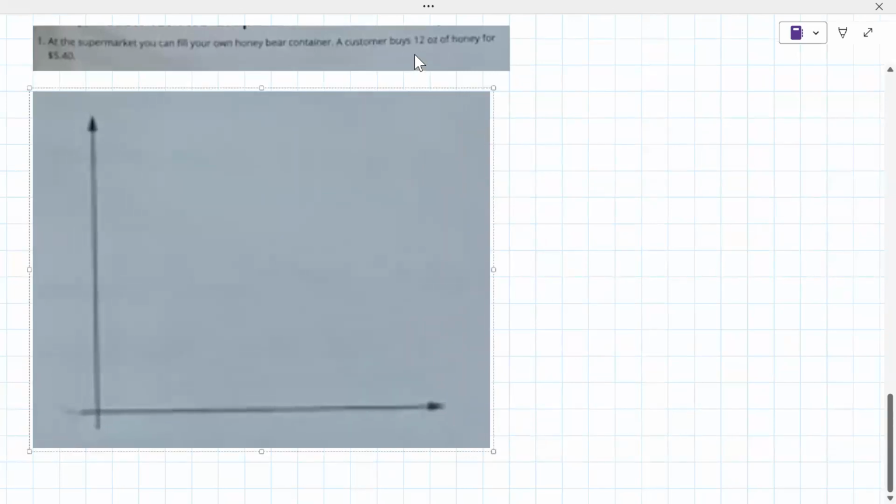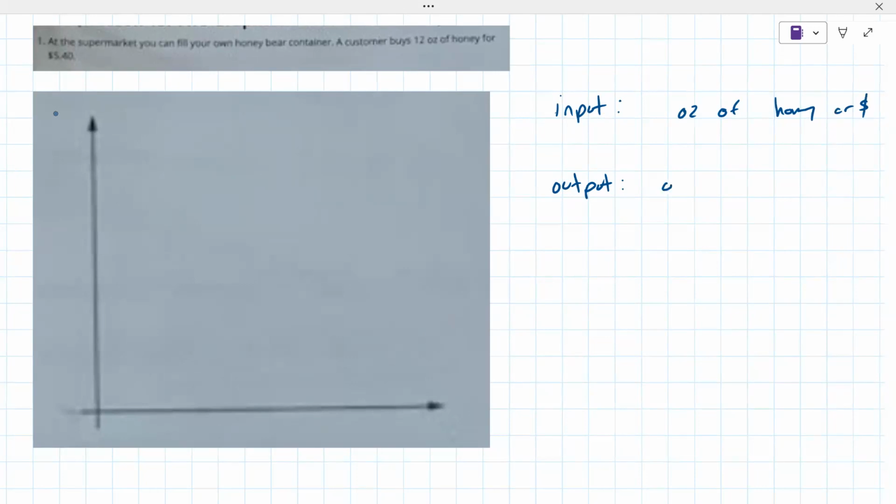A customer buys 12 ounces of honey for $5.40. So what you're trying to decide here is which is the input and which is the output. The input is either ounces of honey or it's dollars, and the output is either ounces of honey or dollars.